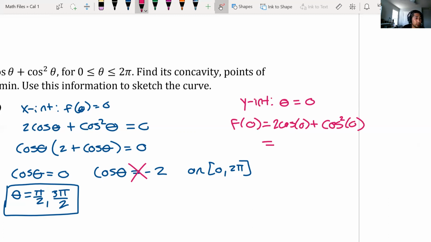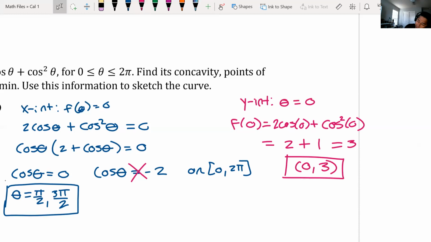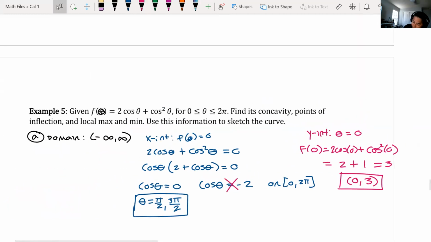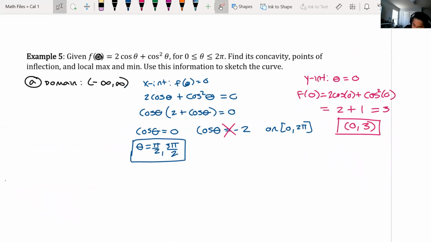Well, what's cosine at 0? 1. So this will be 2 plus 1, and we'll get 3. So our y-intercept is at 0, 3. All right, cool. Algebra's done. Pre-cal's done, right? Now let's move on to step B.